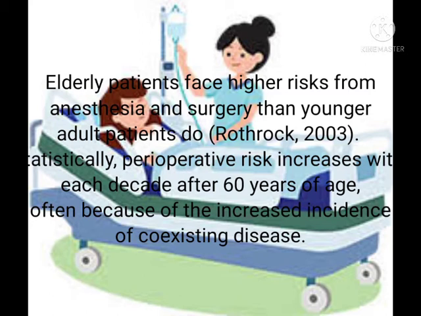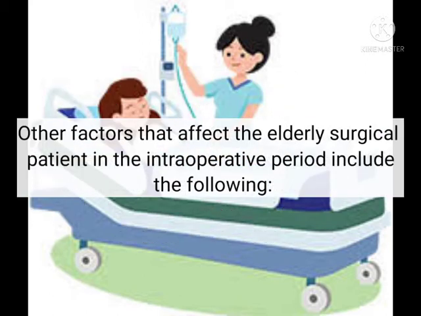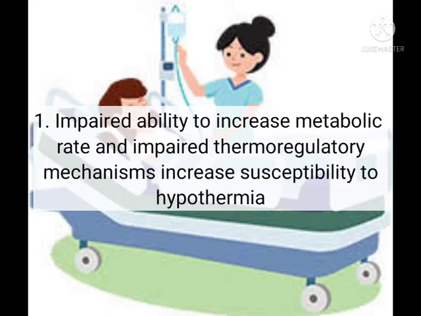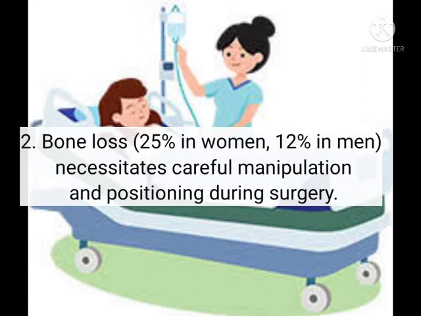These are the other factors that affect elderly surgical patients in the intraoperative period. Number 1, impaired ability to increase metabolic rate and impaired thermoregulatory mechanisms increase susceptibility to hypothermia. Number 2, bone loss, like 20% in women and 12% in men, necessitates careful manipulation and positioning during surgery.